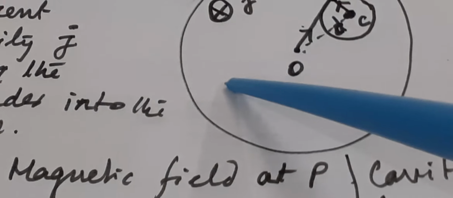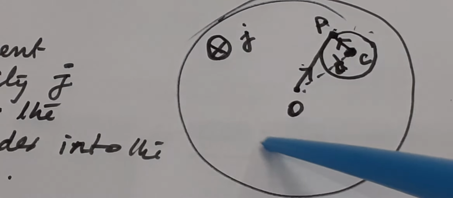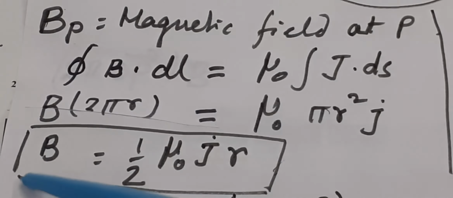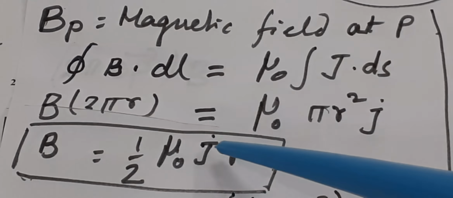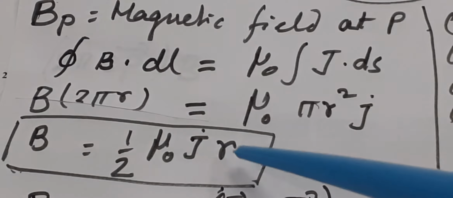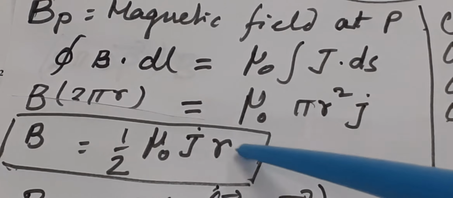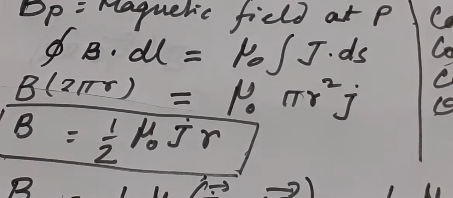Area means this area we are talking about, the area of this cylinder with radius smaller. This one is the entire area. From here we get the expression B equals half mu naught J R. Half is constant, mu naught is constant, J is constant, so B is directly proportional to R. That is the expression we can use for this problem.